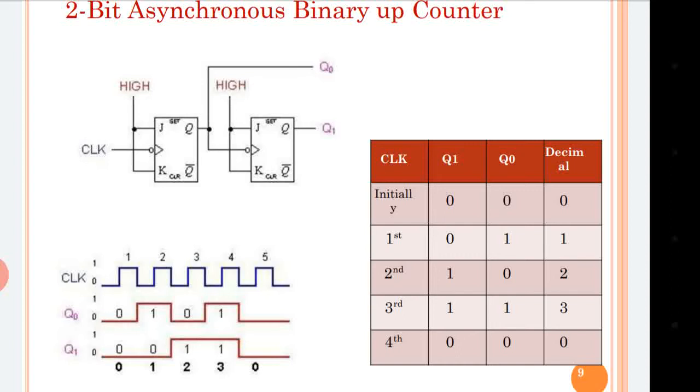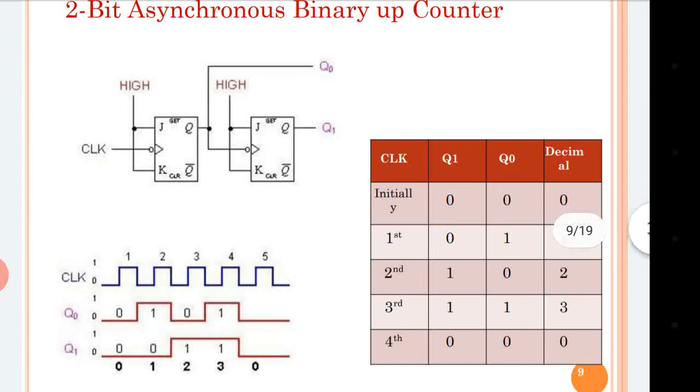That means Q0 will respond to the falling edges of external clock only. So for the first falling edge of the clock, Q0, the first flip-flop, will toggle, and it will change from 0 to 1 as shown in this truth table.